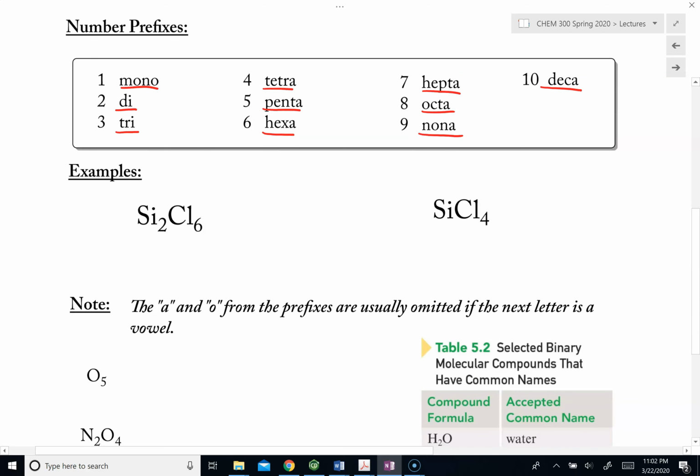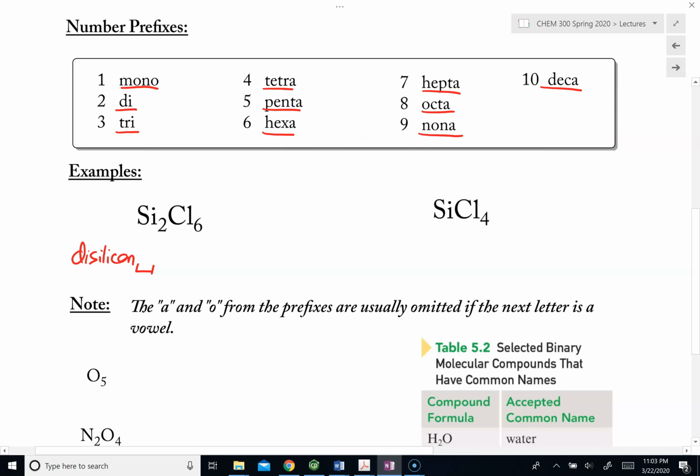Si2Cl6. How would we name this molecular compound? First, we know this is a molecular compound because silicon and chlorine are both non-metals. In this example, silicon is listed first, and there are two of it. So we name the silicon first, and since there are two silicon, it will be disilicon, followed by a space.